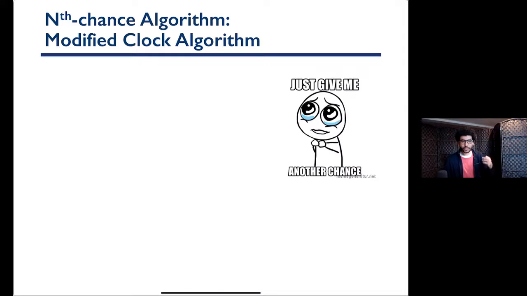Every time a page becomes a victim, we decrement this variable. Now, if I initialize this variable to, let's say, 5, I'm not going to evict this page until this variable reaches 0. This way, I have given my page 5 chances to escape being evicted.